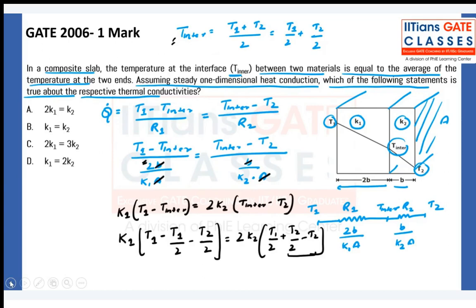That k A dT by (T1 minus T2) by L? You mean this equation? No, it came from there only.